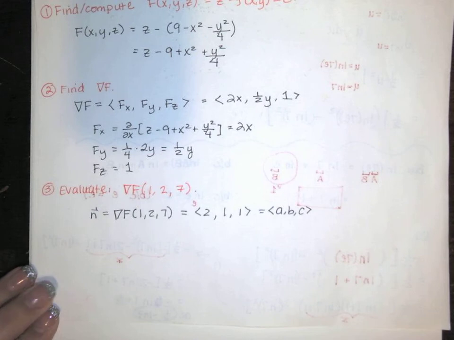And then we just substitute a, b, c, and x naught, y naught, z naught into the formula for a plane.